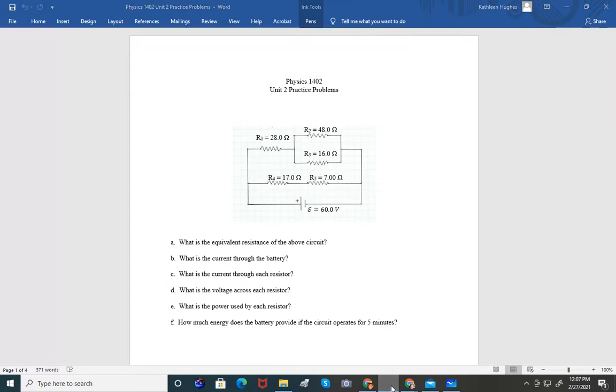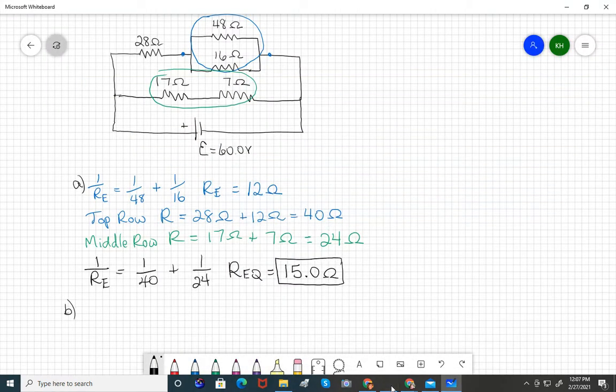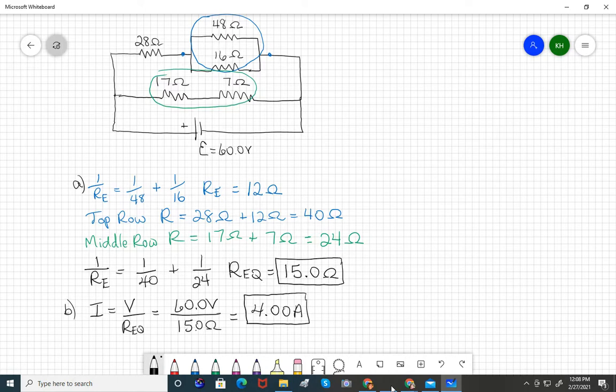If we look at that picture, our current through the battery is just going to be the battery voltage divided by that equivalent resistance for the entire circuit. So we've got a 60 volt battery. We've got 15 ohms equivalent resistance. So the entire circuit we think should be drawing 4 amps. So there's 4 amps of current that actually leave the battery.